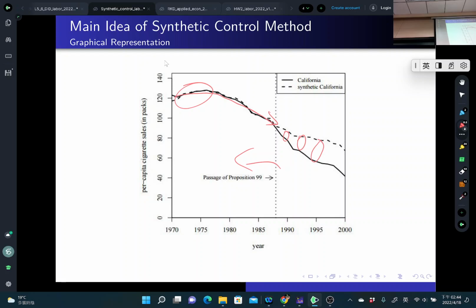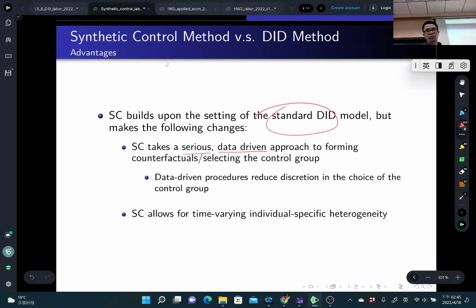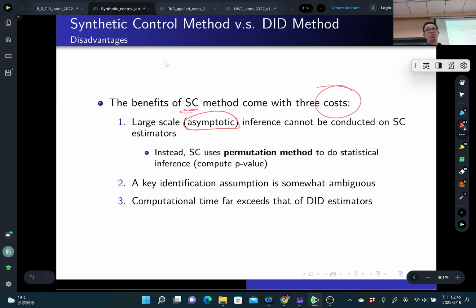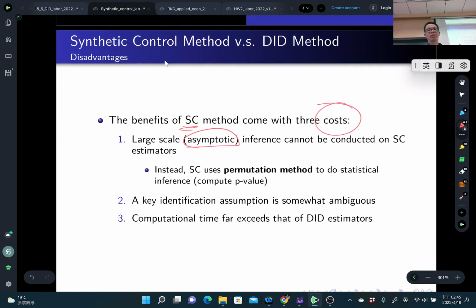So we cannot know the t statistics and the p-value for this estimate. There's no formula to let us know the distribution of the synthetic control estimate. No one has derived it, because this is a new method. It still needs time to formalize the theory.